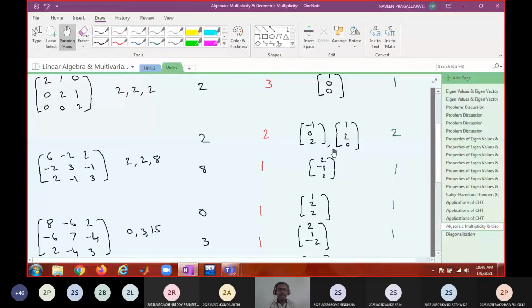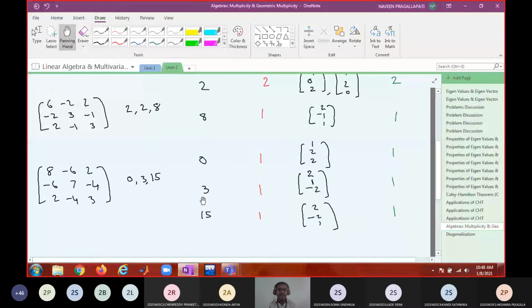The other one: if all the eigenvalues are distinct, then the algebraic multiplicity of each eigenvalue is 1, and geometric multiplicity cannot exceed algebraic multiplicity. The minimum value of geometric multiplicity is 1, because when you solve the homogeneous system of linear equations, you will get at least one non-zero vector. That means at least one independent eigenvector.